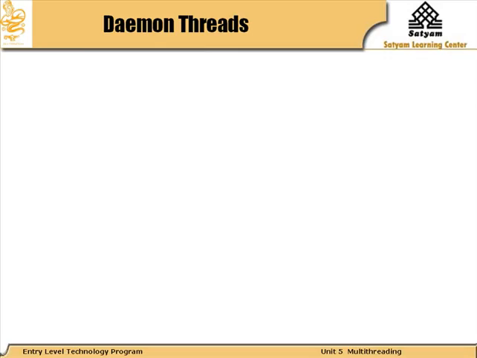Now let's discuss about daemon threads. You might have read about daemon processes. Daemon process is a process which runs on the background. For example, your printer process is a daemon process. The daemon processes are processes running on the background and may serve the foreground processes. And similarly, you have daemon threads.